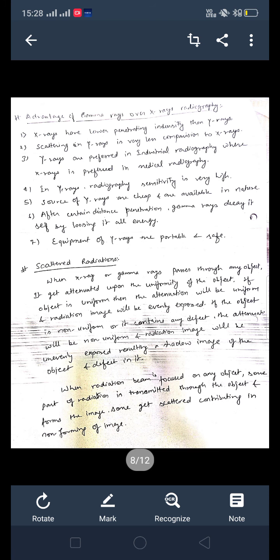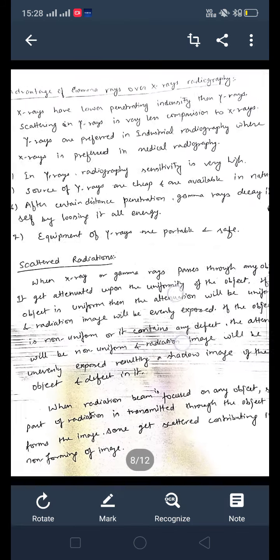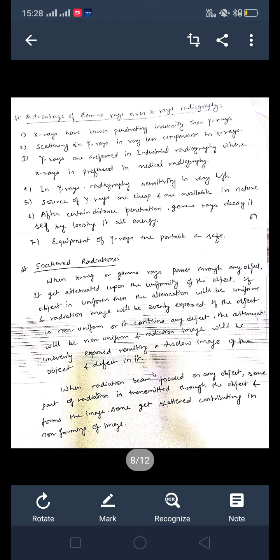My dear students, when radiation is focused on any object, some part of the radiation is transmitted through the object and forms the image, and some gets scattered, not forming the image.